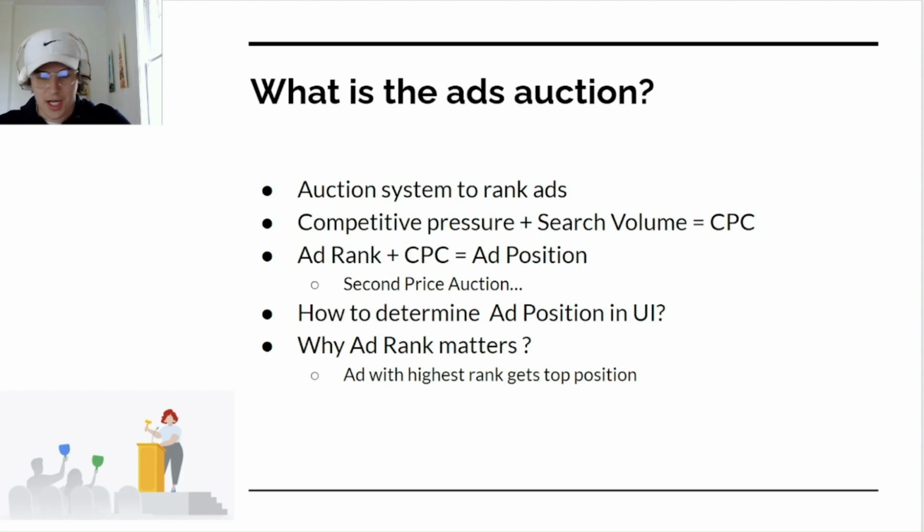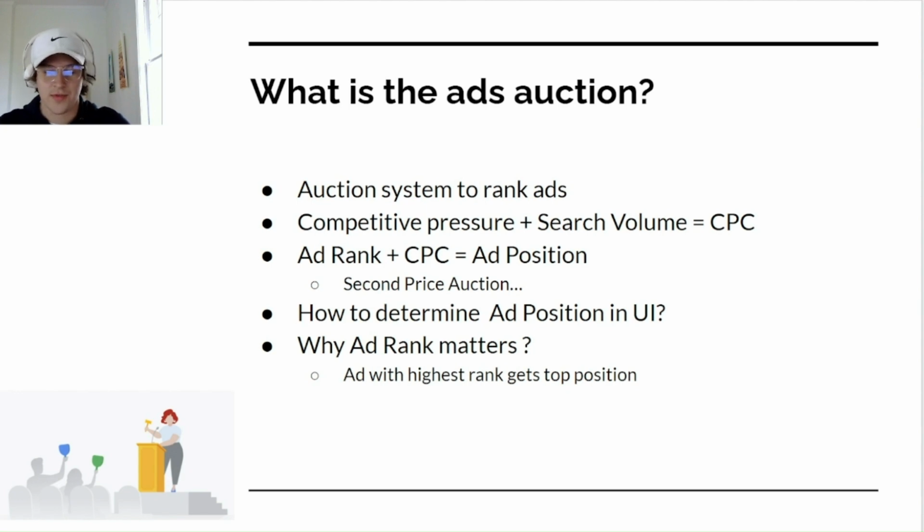So how does cost per click and ad rank all factor into your ad position? Basically, your ad rank is your quality of your ad. So that plus your bid, your first page bid, will equal your ad position. I mentioned this before. You cannot just pay to get on the first page because you can have irrelevant information, and that ends up being a bad experience for the end user, right?